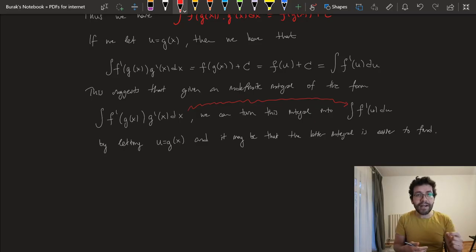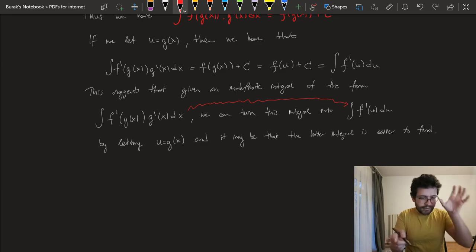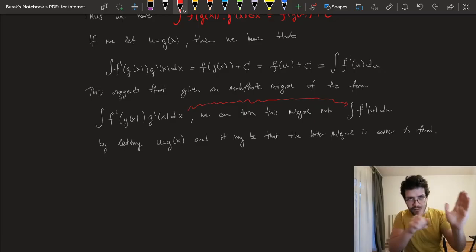If you can find some expression, some function of x, which you call g, so that your integrand looks like f prime of g of x times g prime of x, if you can find such a g, then replace that g with u and replace the g prime of x dx part with du.